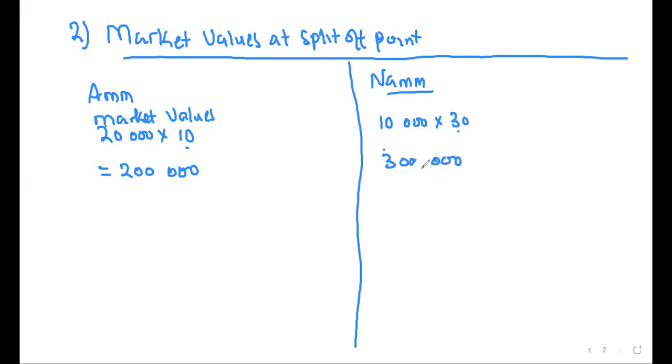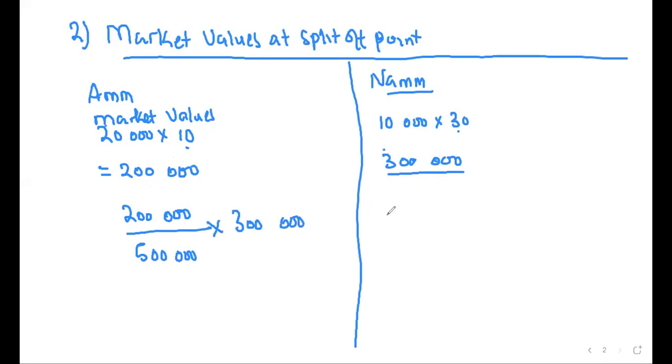Right. So when we allocate using the market values, for ARM it's going to be 200,000 over 500,000 times 300,000.